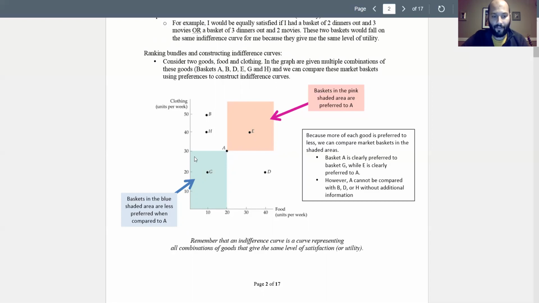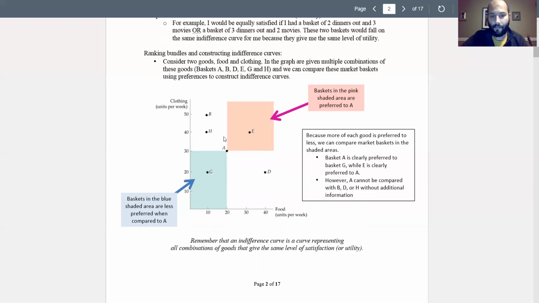And then the baskets here, this is the worse-than set. This contains all of the market bundles that contain less than or equal to A's food and less than or equal to A's clothing. G is clearly worse than A because it has less food and less clothing.